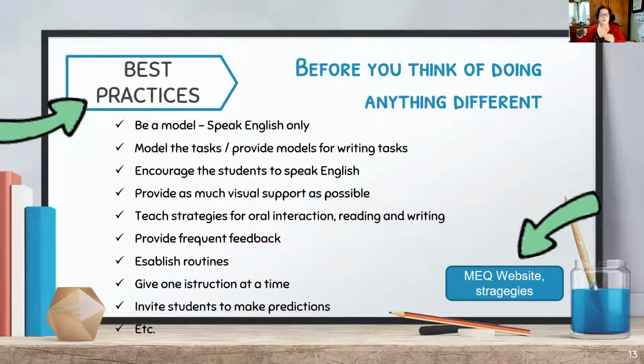You might have one student who needs to get the instructions one at a time. So it's important to do that. And invite students to make predictions. Ask them what they think. Ask them what is coming. What do they think is going to be happening? And they're very proud when they're able to give an answer.